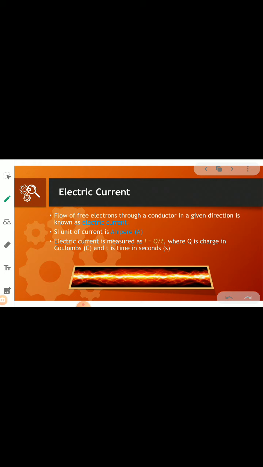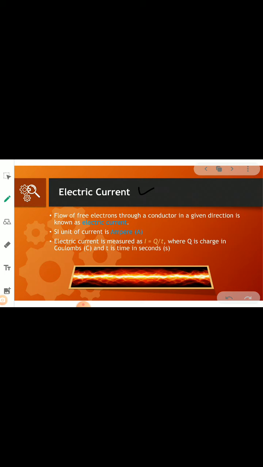So we can define electric current now. What is the definition of electric current? Flow of free electrons through a conductor. The flow of free electrons in a given direction through a conductor with respect to time is known as electric current. You have to remember that.